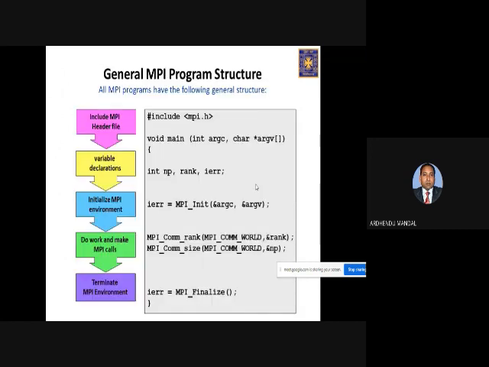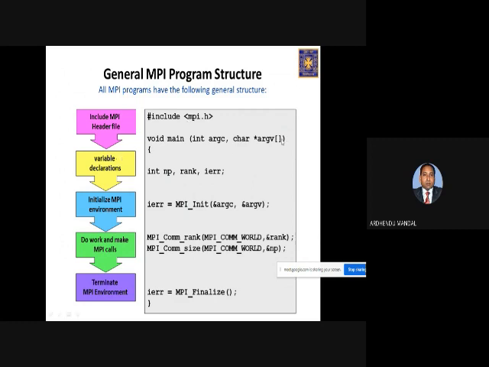So what is the general structure of a program? It's C, and almost all of you know C nowadays, because irrespective of any scientific department, everyone has some programming language like C. So it's like a traditional program, but the additional thing is that we have to include the header file mpi.h, which is dedicated to these parallel routines or libraries for writing parallel programs.